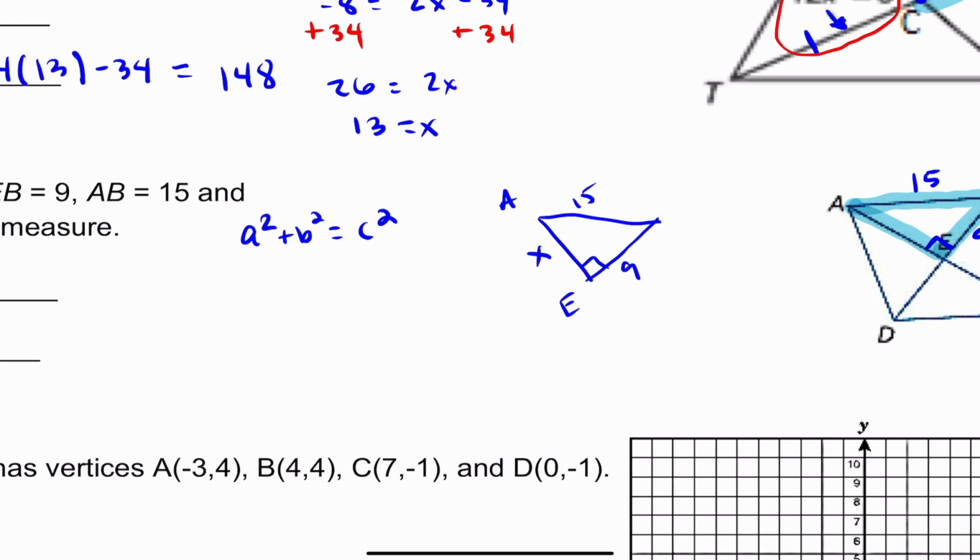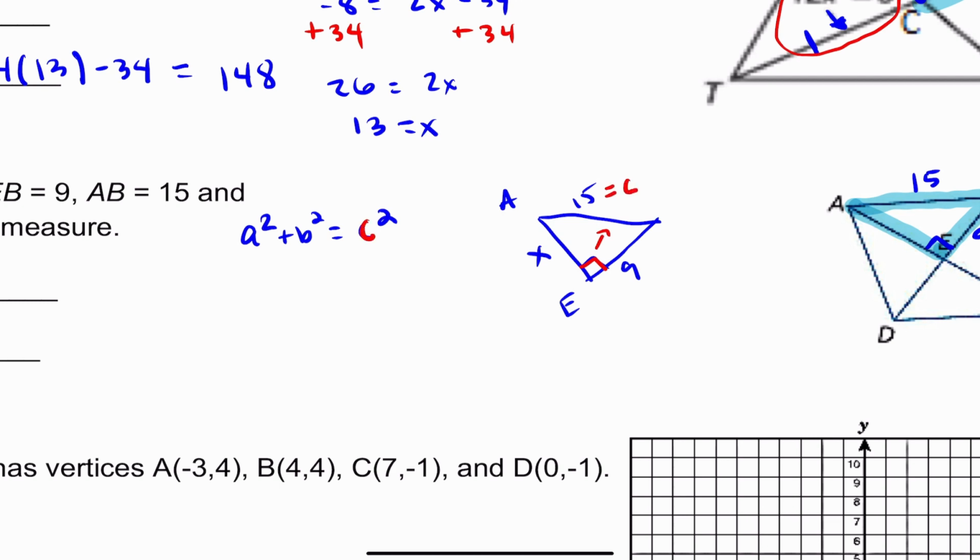It's always across from the 90 degrees. So the side here, right? If we look, here's the angle, here's the side. Across from the 90-degree angle is the hypotenuse.